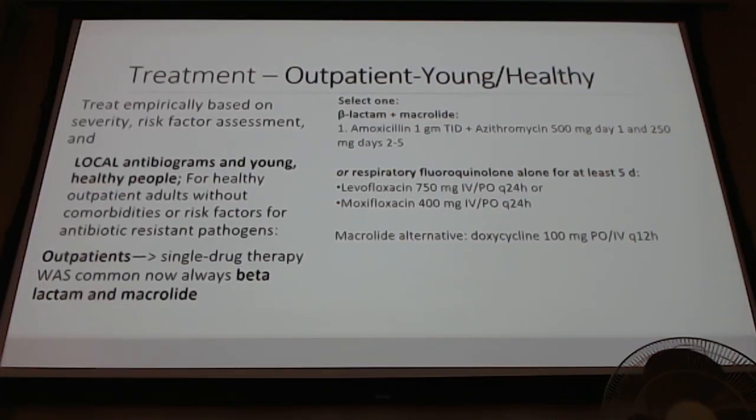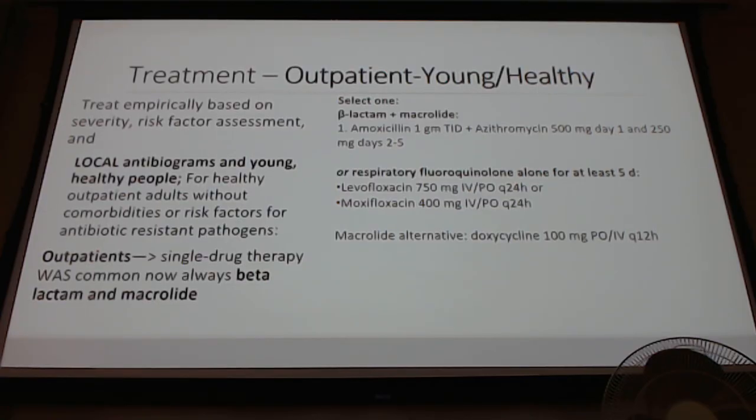But currently, right now, we can use amoxicillin if they're young, healthy, no comorbidities. And as long as for using Zithro, you want to look at your local antibiogram. But typically, I like to use amoxicillin and doxycycline.